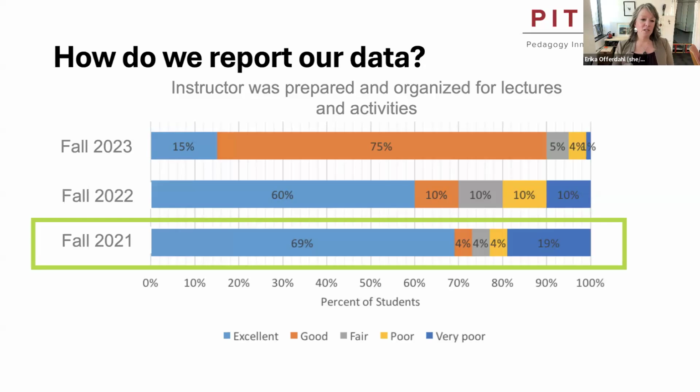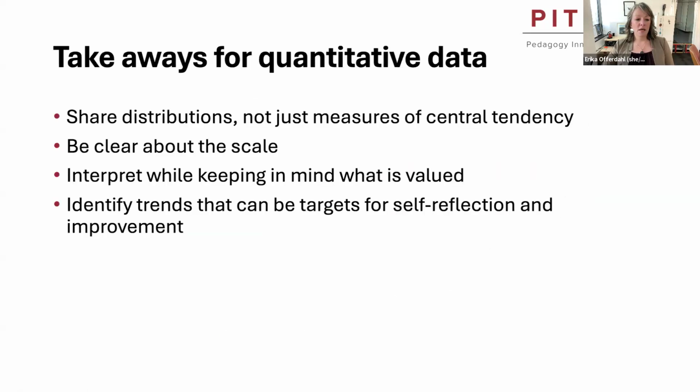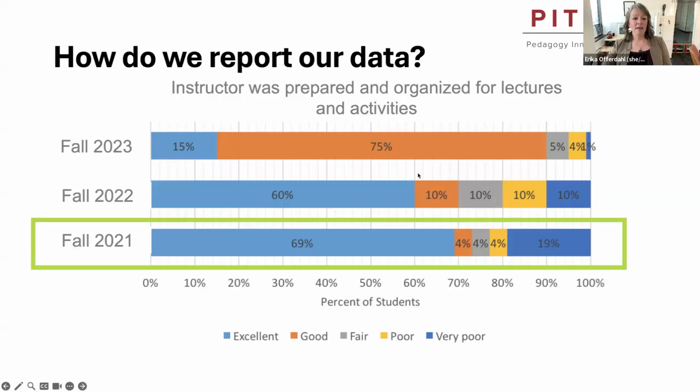In fact, I'm going to spend some extra time in the spring semester just working on preparing for next fall. Now I can put that in my annual review document, that is a personal goal of my own. And then I can track what I'm doing over time. Like, am I moving the needle in how my students are perceiving my preparation and organization?